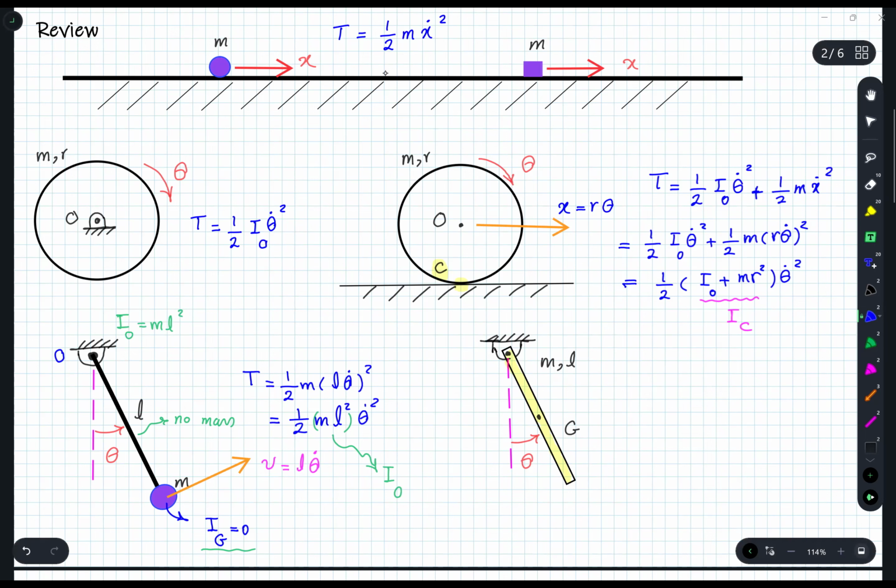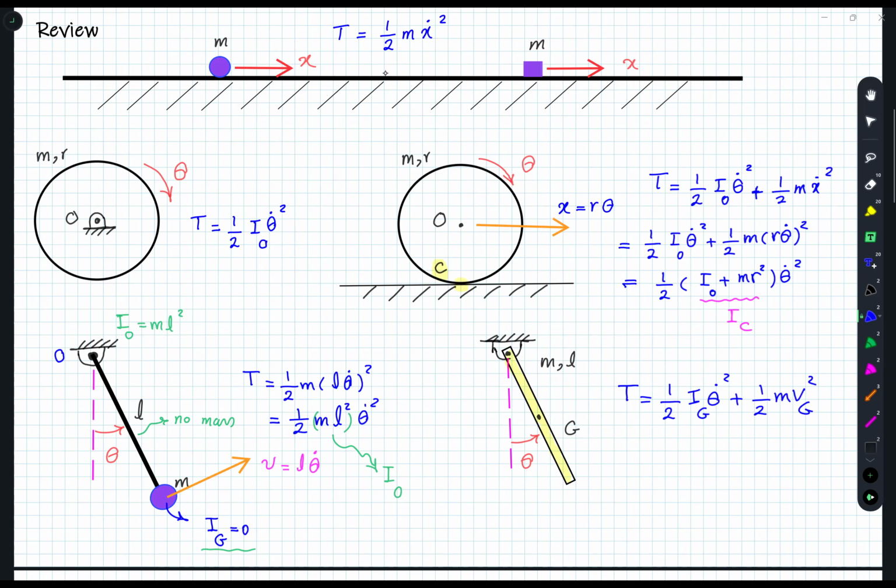Now, if I have a pendulum where we have to consider the mass of the link, like this scenario, we'll use our standard formula. We say I have a rigid body. Its energy is half of Ig theta dot squared plus half of m Vg squared, the velocity of the center of mass.